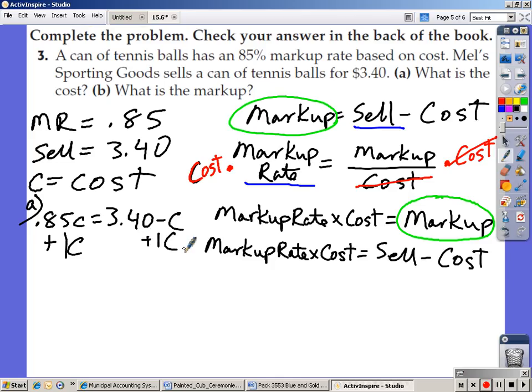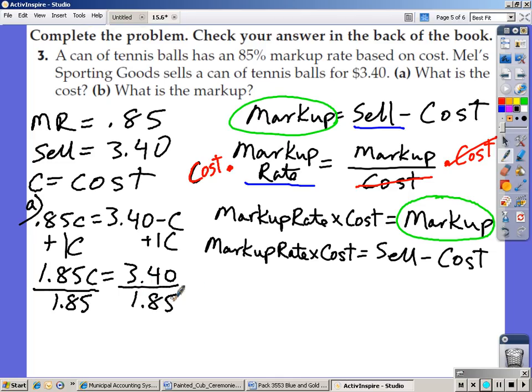You get 1.85C equals 3.40. Divide both sides by 1.85. Plug that in your calculator real fast. 3.40 divided by 1.85, and you get C equal to $1.84. That's your cost.